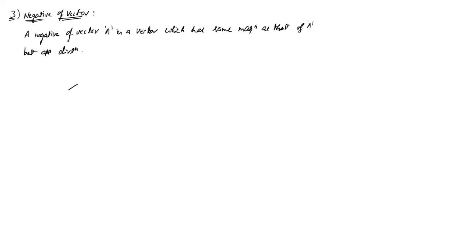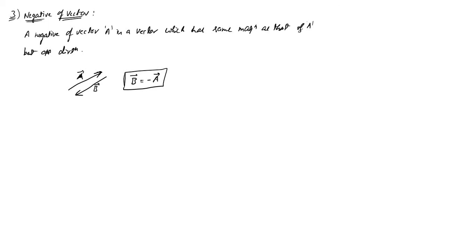So if this is the vector A, now another vector B which is the negative of A is a vector which has the same magnitude but whose direction is opposite to that of A. If the direction of A is in this direction, that means the direction of B is in this direction. So this is vector B, defined as the negative of vector A. Now negative of a vector does not mean negative magnitude. Here the magnitude is positive but the direction is negative.